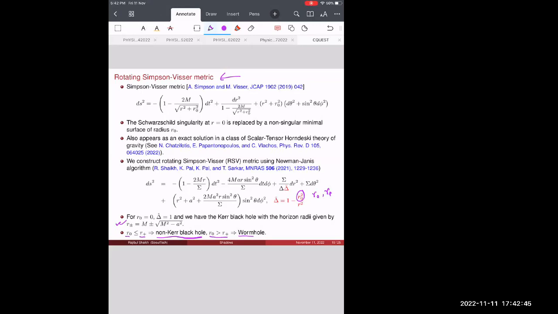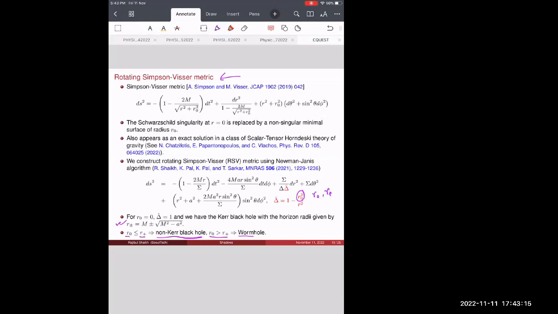Some provide 0.1, some provide up to 0.99. So the EHT paper has not provided an exact spin value for Sagittarius A star. That's why we have considered it from 0 to 1, meaning all possible values. Okay, thank you.